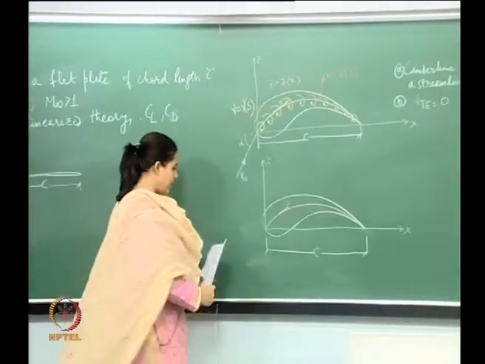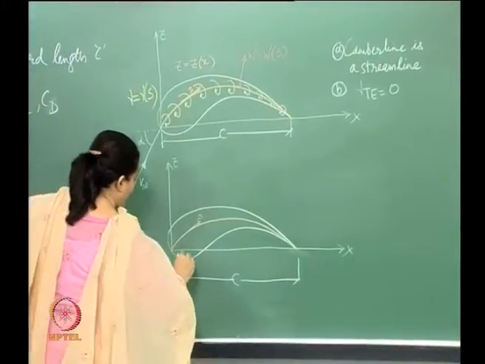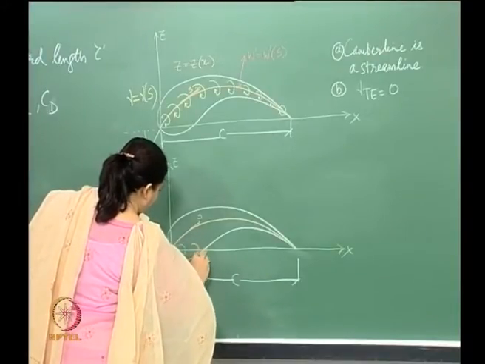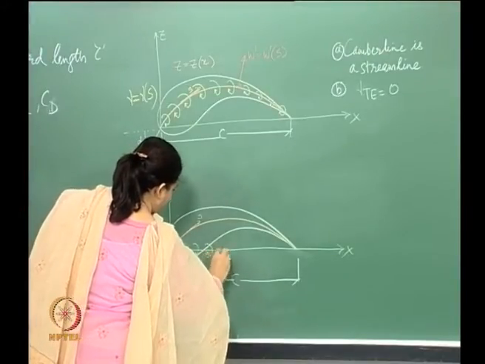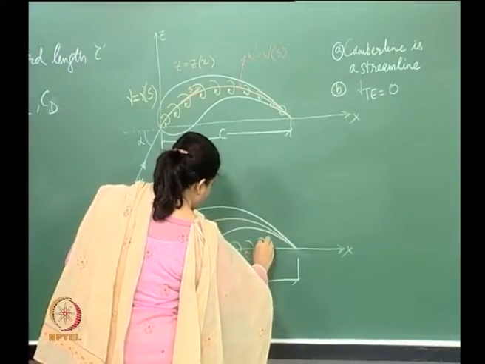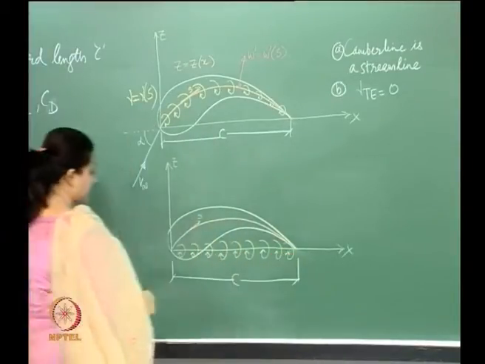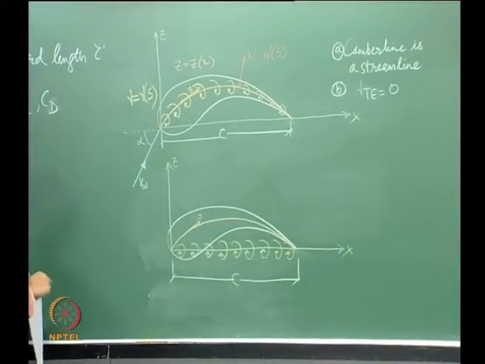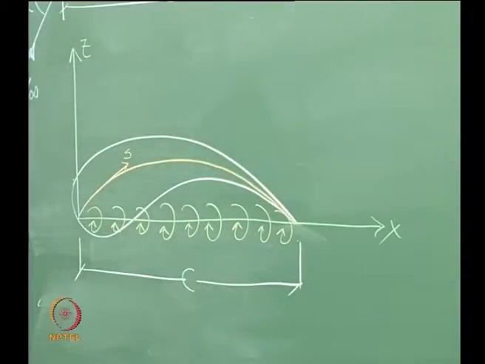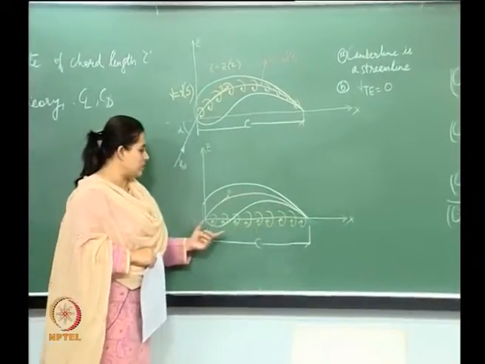If it is a thin airfoil, then my vorticity distribution is here. This is the chord length, you can consider this as the chord line.